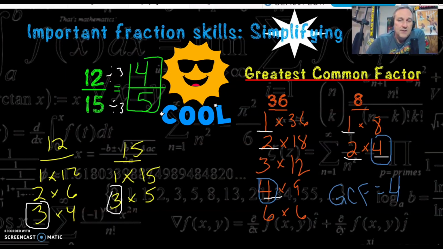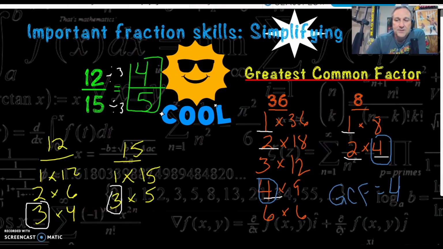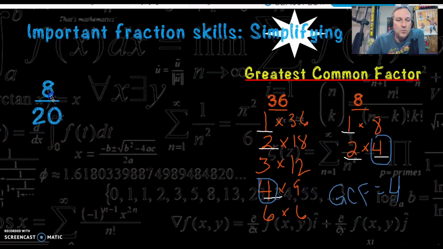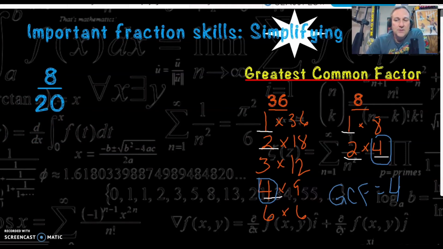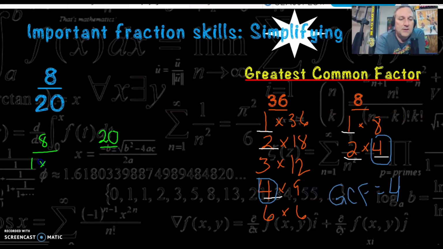Okay, so there's one. Let's try another one just like that. How about 8/20ths? What can we divide 8 and 20 by, the biggest number possible to simplify it? We already did the factors of 8 over here, so I have 1 times 8 and 2 times 4.